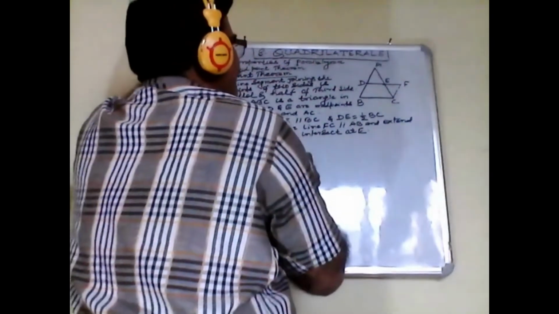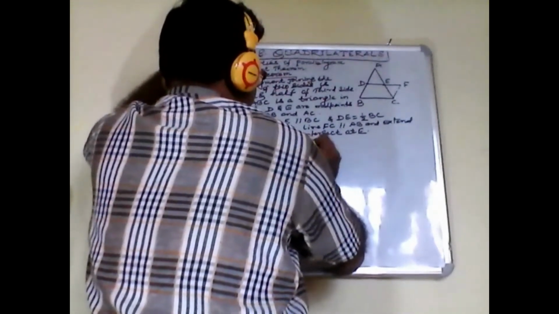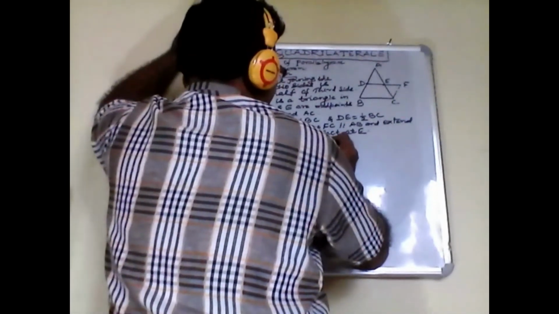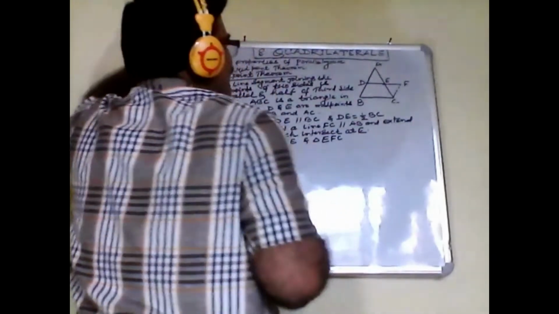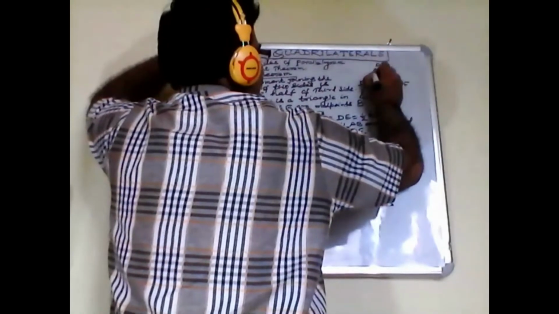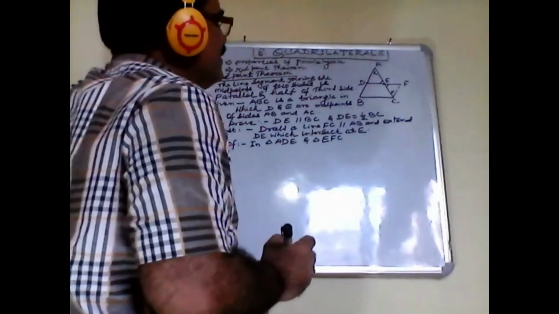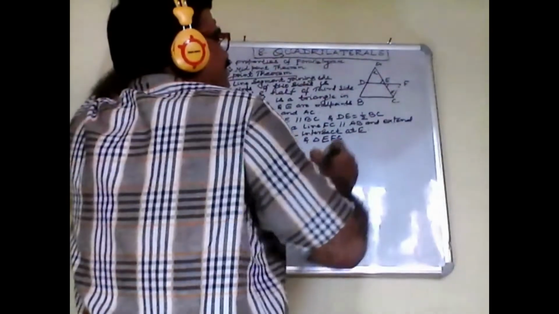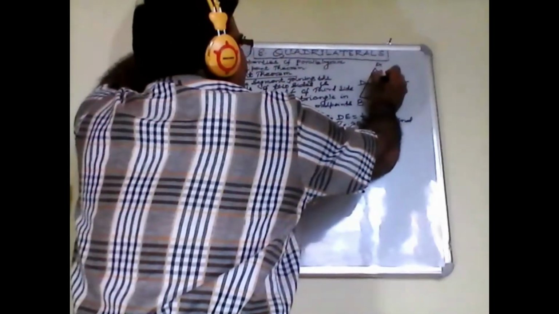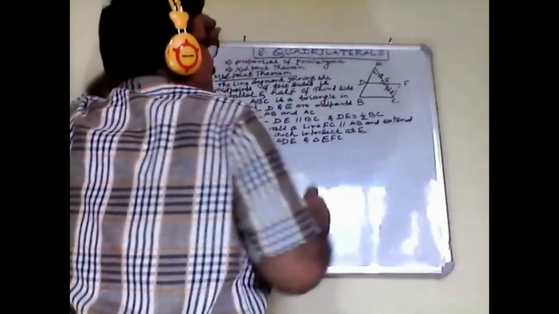In triangle ADE and triangle EFC, you can see this is the vertically opposite angle and that angle is equal to this angle. These are the alternate interior angles. So you can also prove that AE, this side, is equal to this side. So these are the facts.